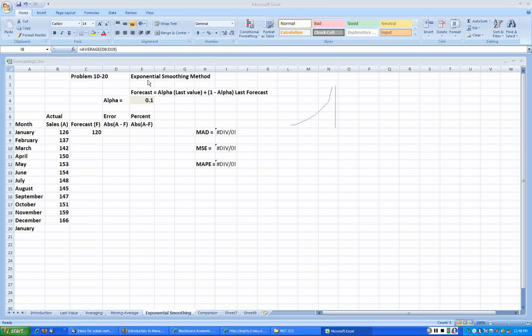This is by far the most effective of all the forecasting methods that we have seen. The last value method just looks at the most recent information, just the last value, and ignores the rest of the history. The averaging method looks at the entire history and assigns the same weight.